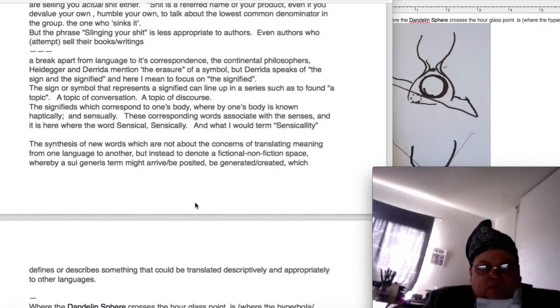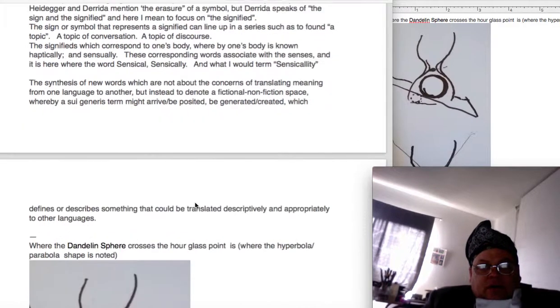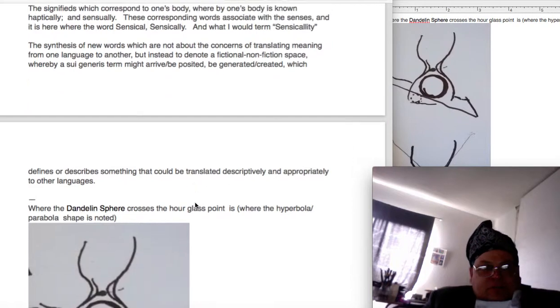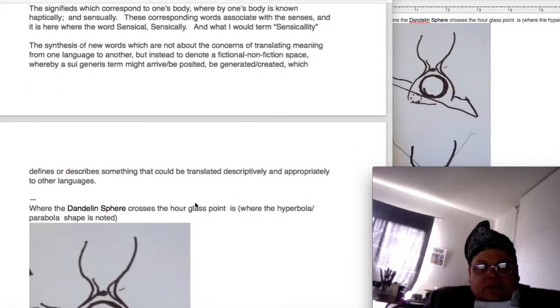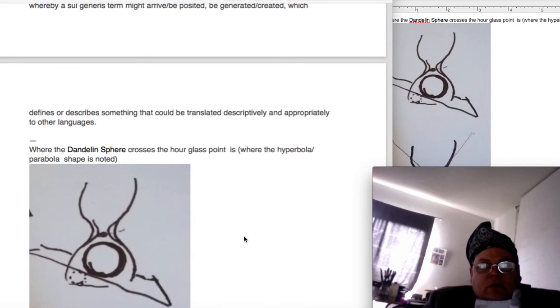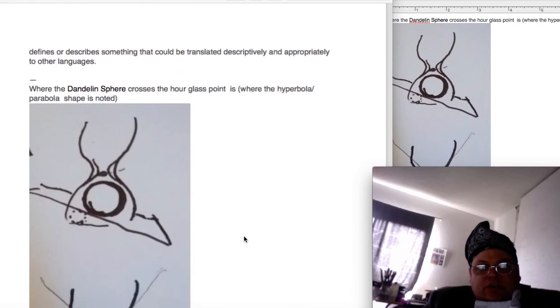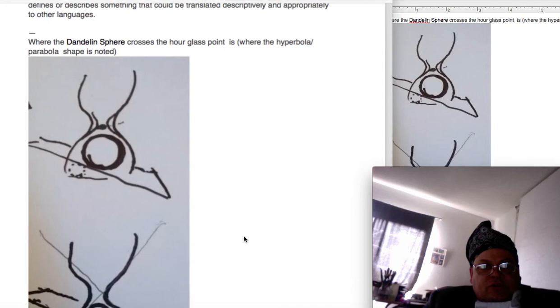The synthesis of new words, which are not about the concerns of translating meaning from one language to another, but instead to denote a fictional non-fiction space whereby a sui generis term might arrive, be generated, created, which defines or describes something that could be translated descriptively and appropriately to other languages.